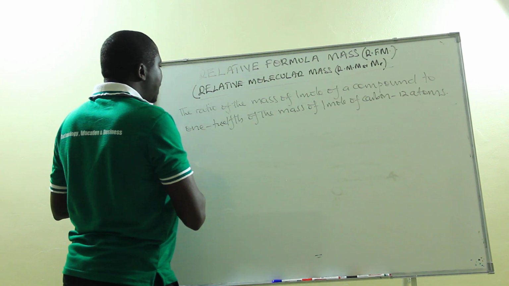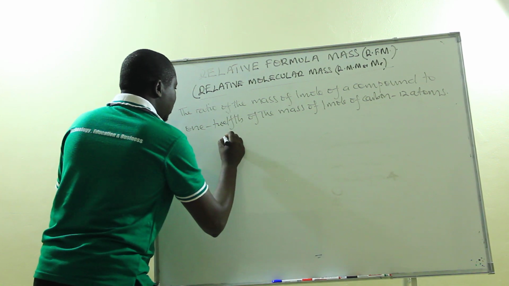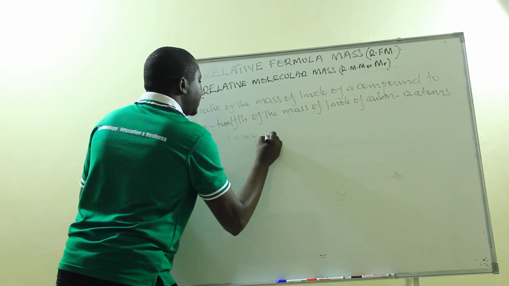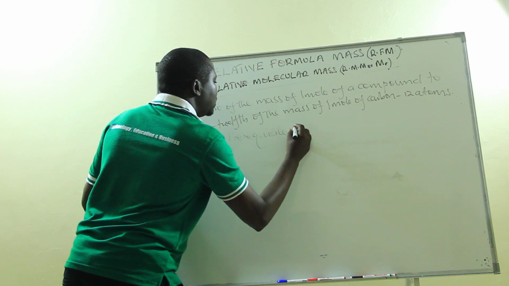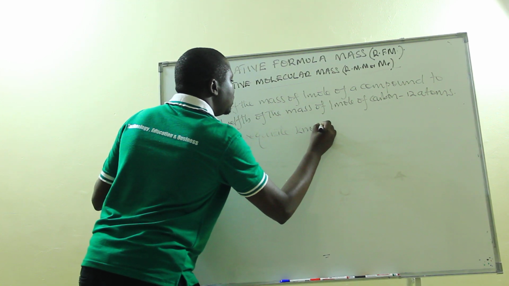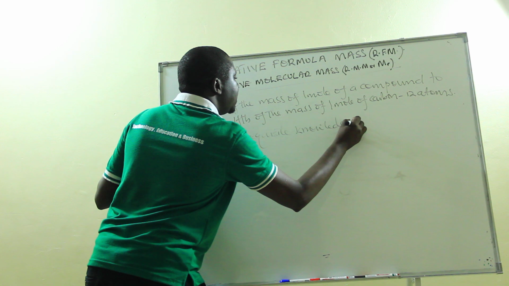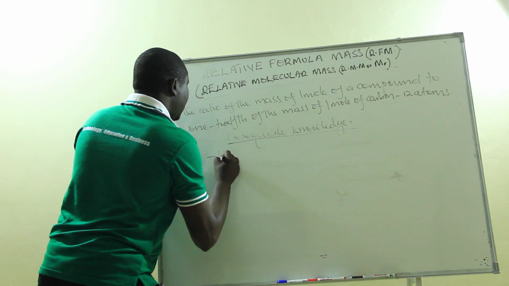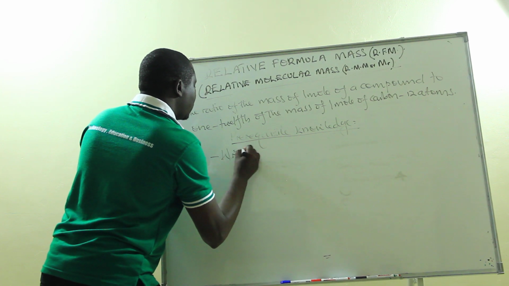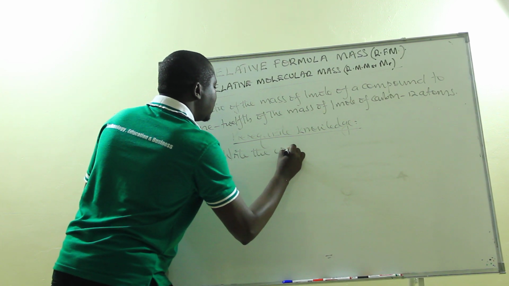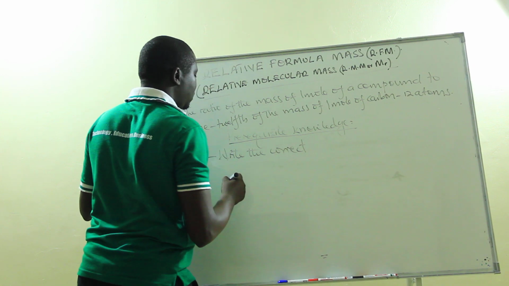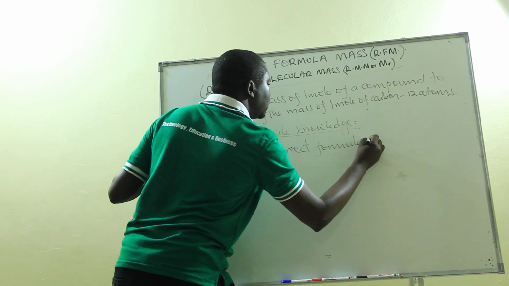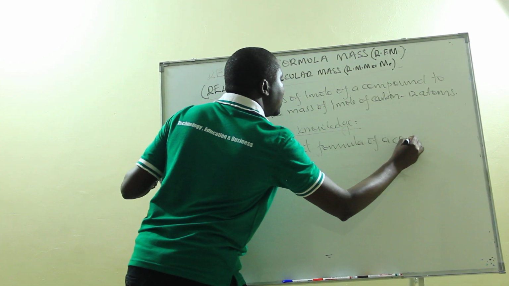So I told you that the prerequisite skill for the calculation, or the prerequisite knowledge which a candidate is supposed to have, in this case is for you to write the correct formula of a compound.